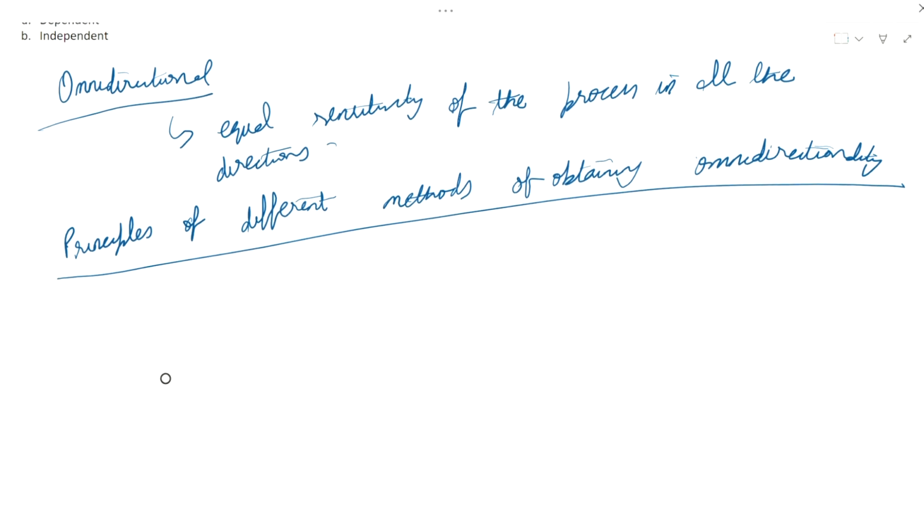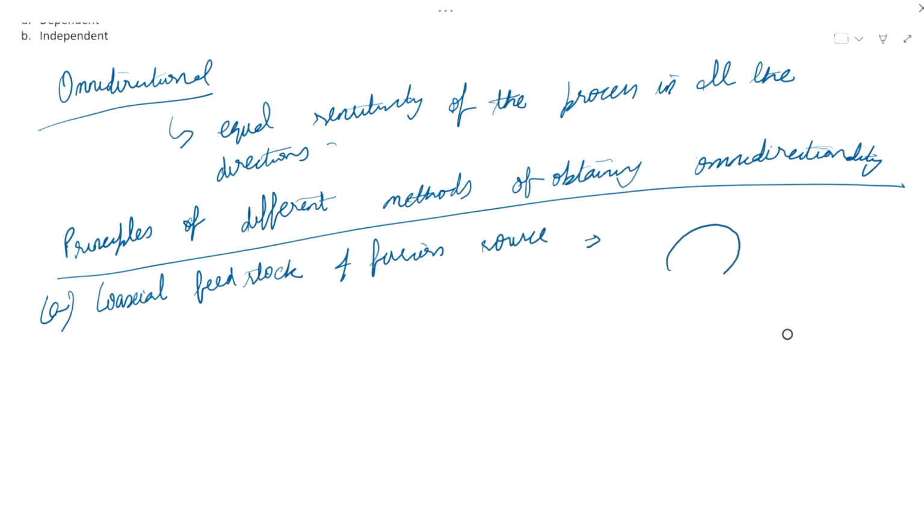So, first is coaxial feedstock and fusion source. This means your feedstock is along this.